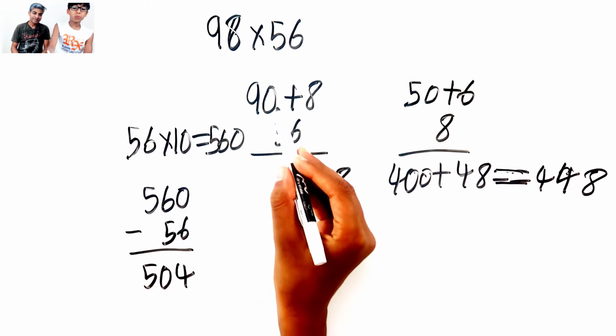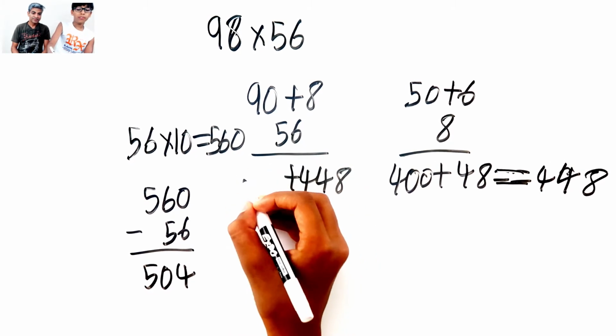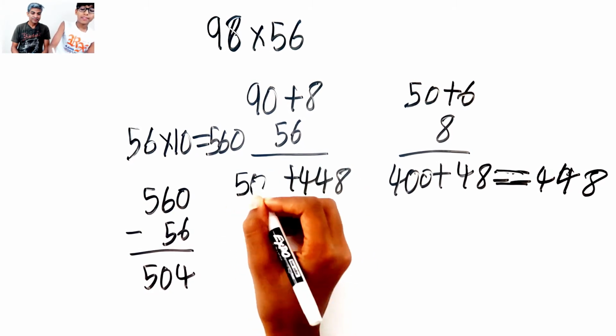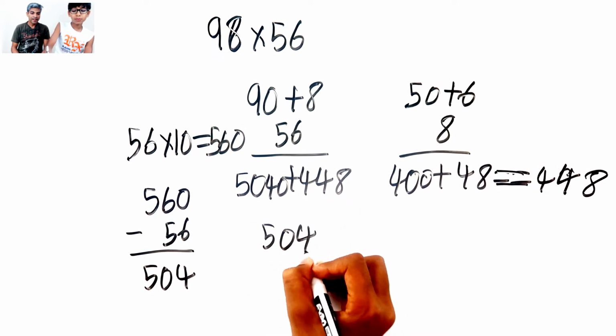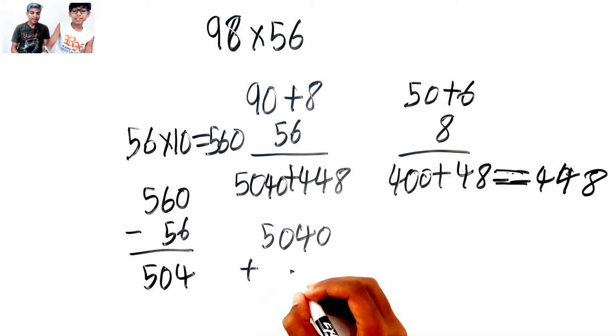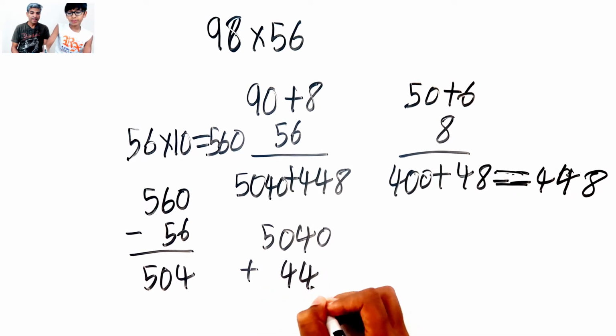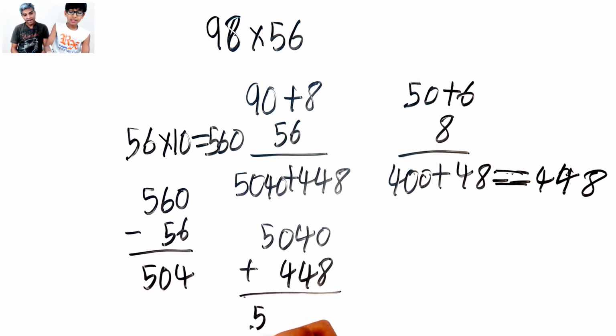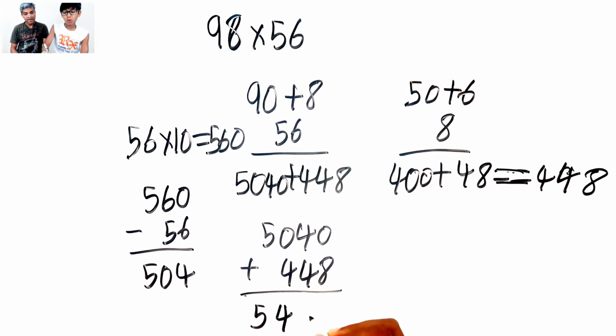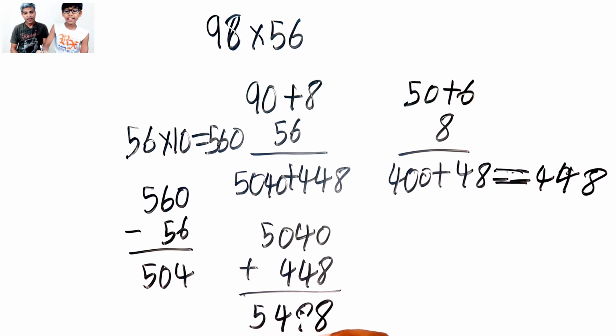And then we need to add that 0 over there, so 5040. So 5040 plus 448 is 5,488. This is the answer.